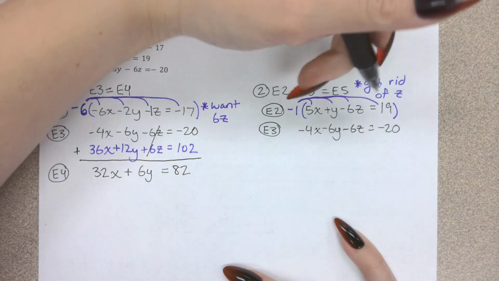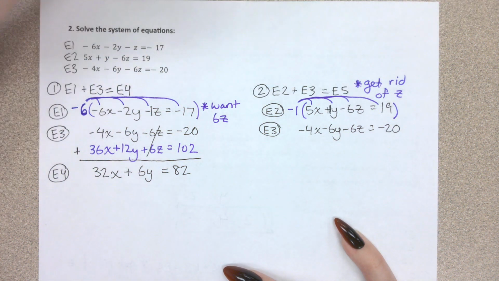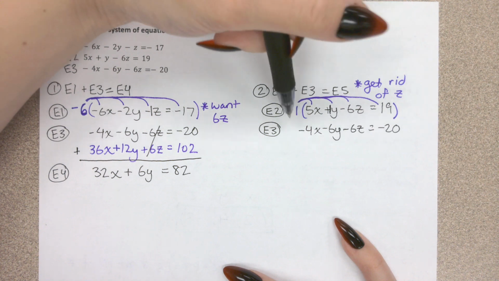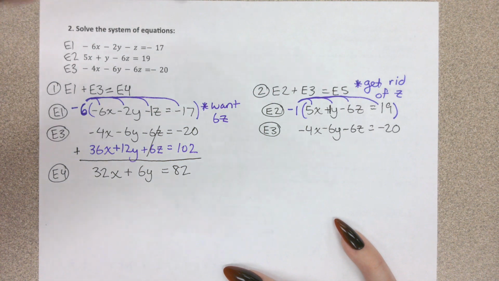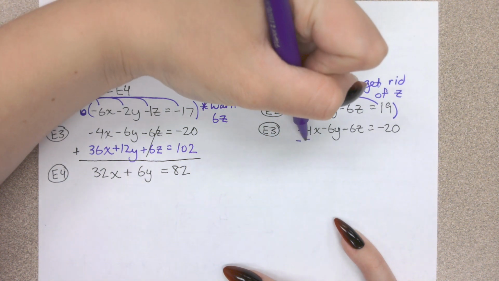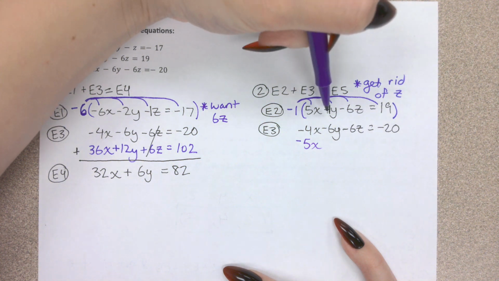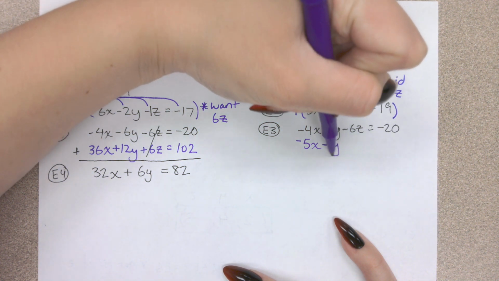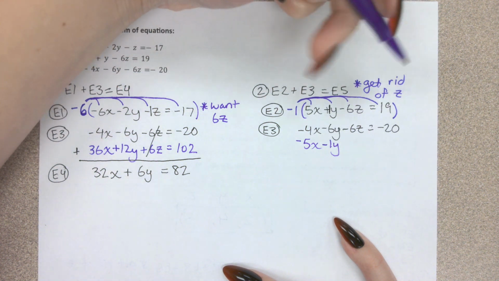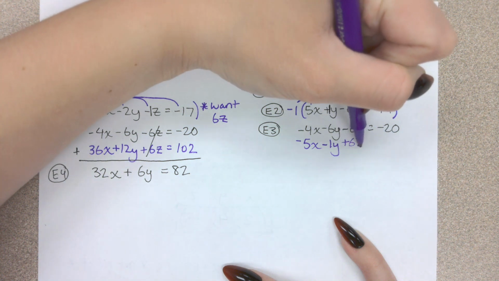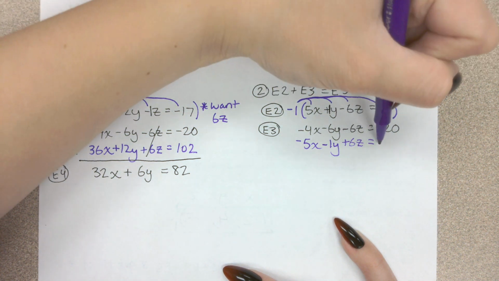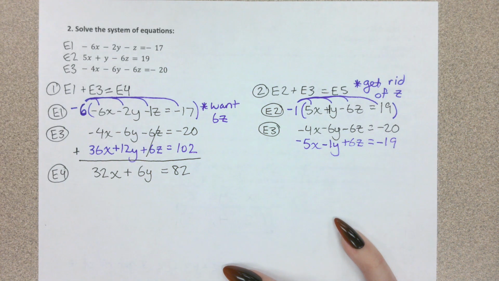And then this is a 1y here. So I'm just going to put that underneath. Negative 1 times 5x, that's negative 5x. Negative 1 times 1y, that's negative 1y. Negative 1 times negative 6z, that's positive 6z. Negative 1 times 19, that's negative 19.